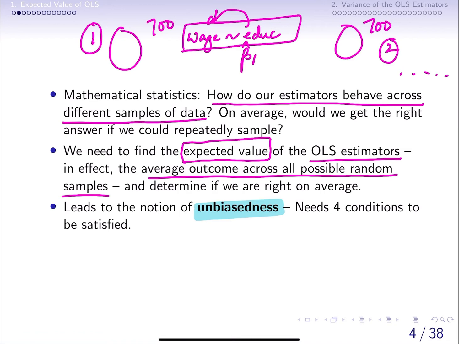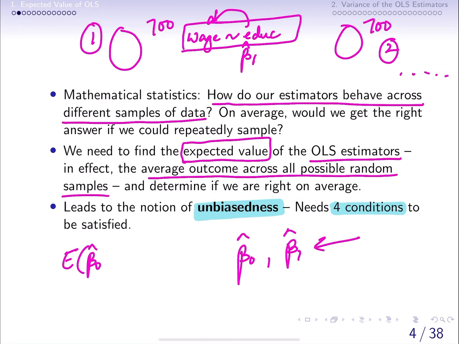Okay, and so we'll talk about 4 conditions that we need for beta naught hat and beta 1 hat to be unbiased. Okay, so we're trying to come up with assumptions that make these unbiased, which is to say that the expected value of beta naught hat is actually equal to beta naught in the population.